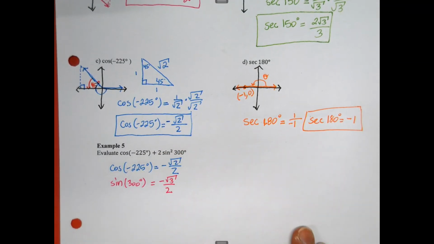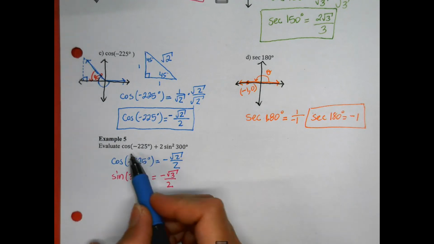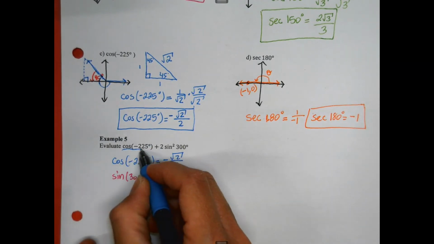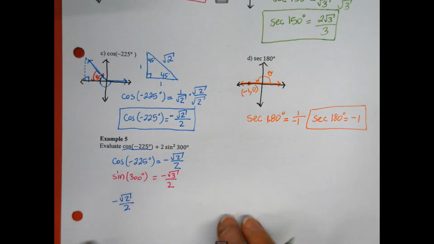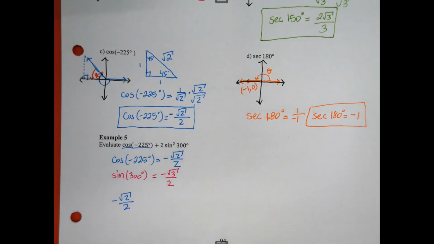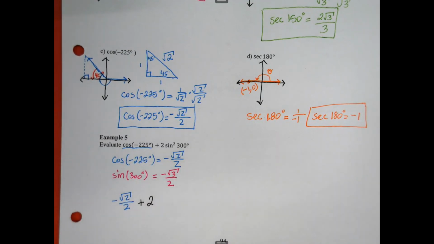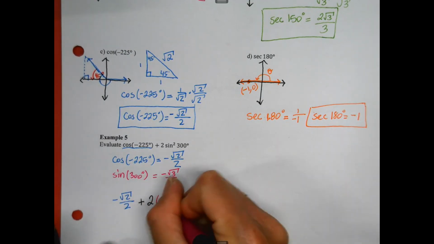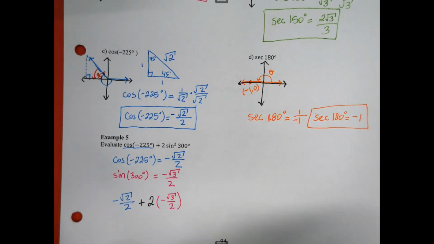All we have to do is substitute those values into our expression. I'm going to replace cosine of 225 with negative square root of 2 over 2. And I'm going to replace sine of 300 with negative square root of 3 over 2. And then simply evaluate.